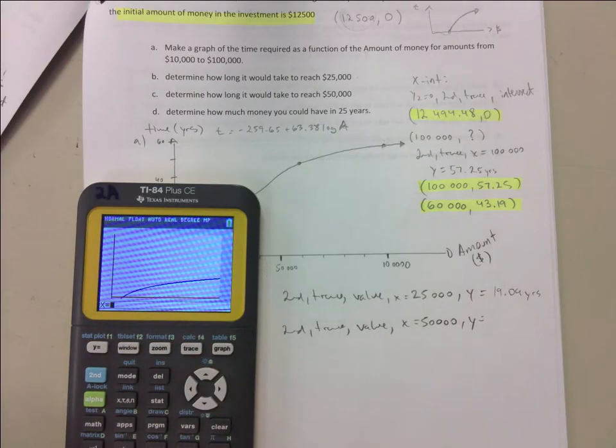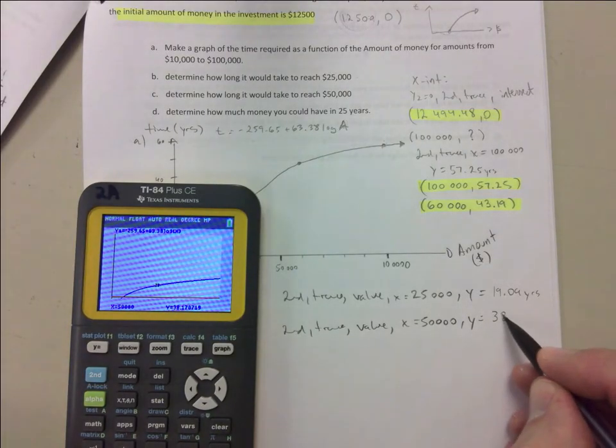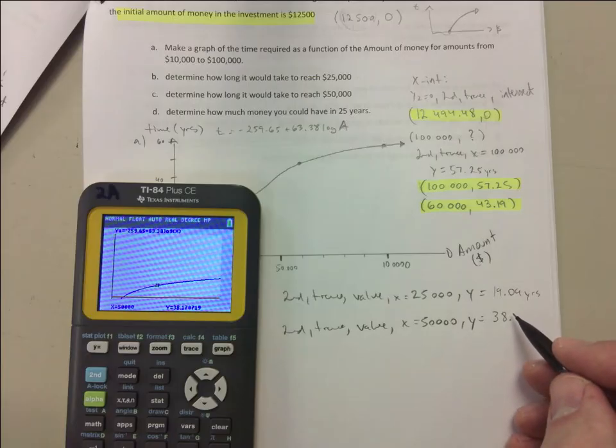Second, trace, value, 50,000 is 38.17 years.